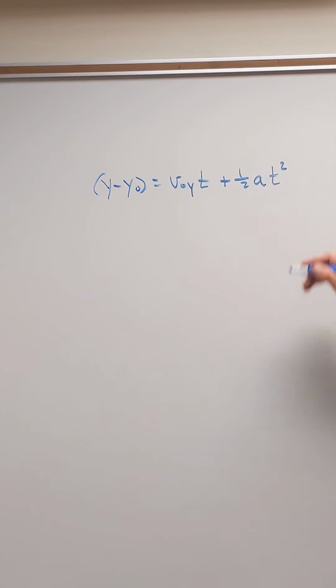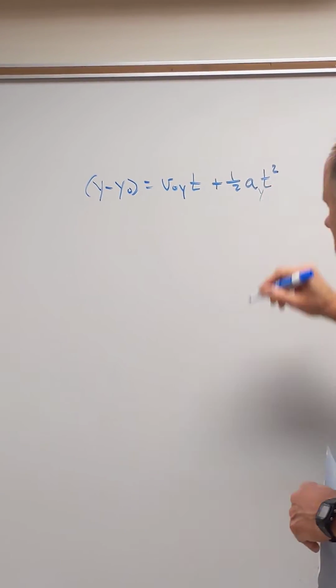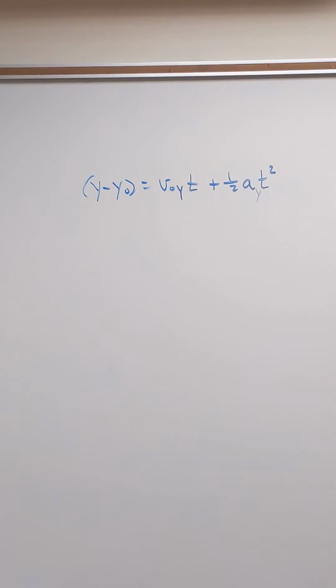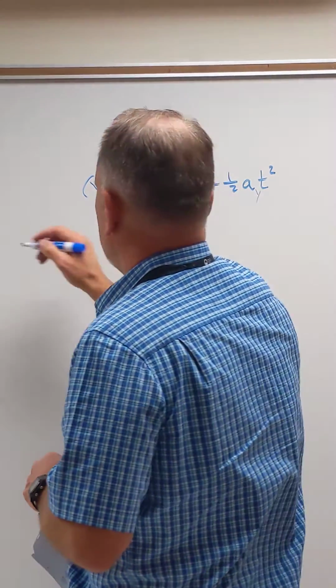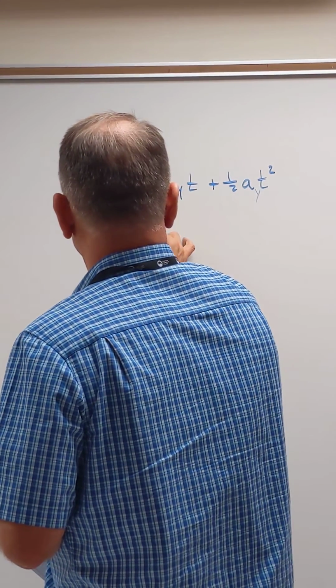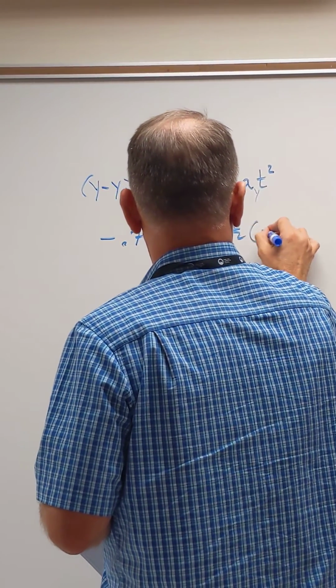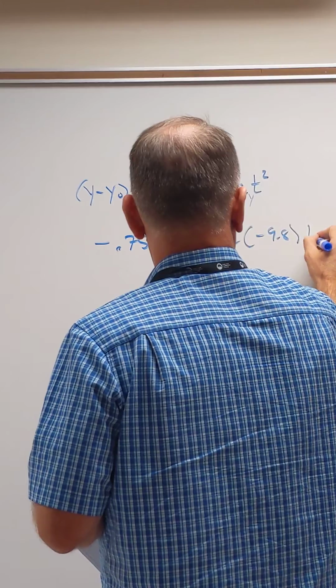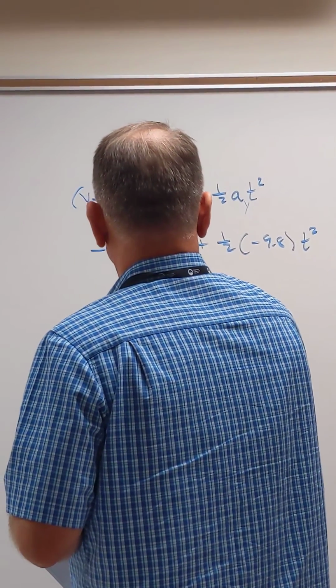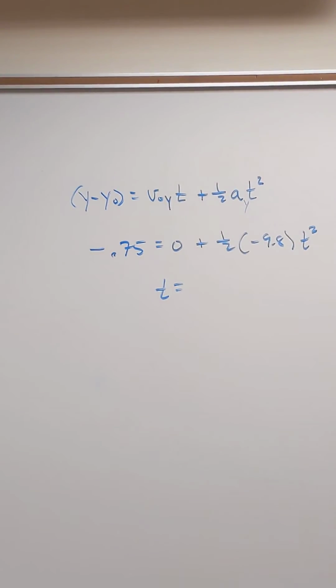That's my general equation, you guys remember? And my displacement is negative 0.75 equals 0 plus 1/2 times 9.8 times t squared. So you can find the time. We've probably done this at least 5 or 6 times, right?